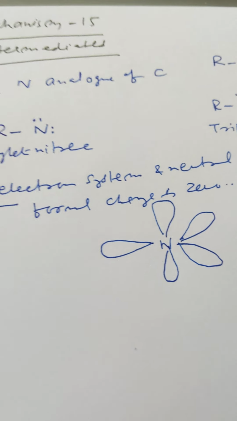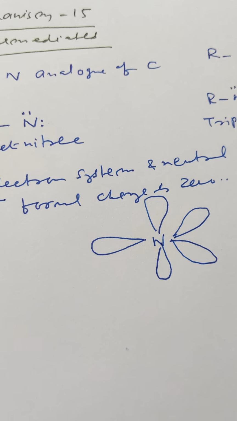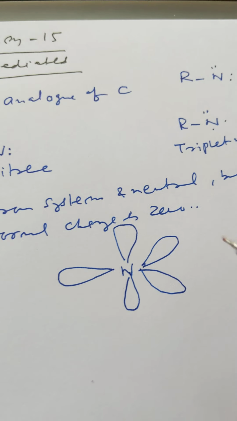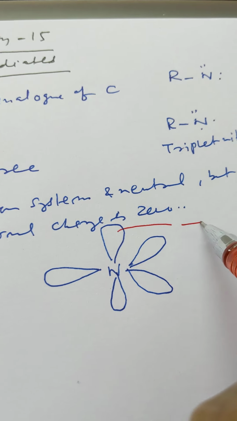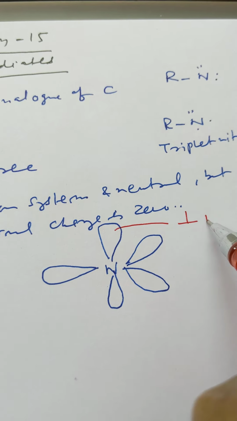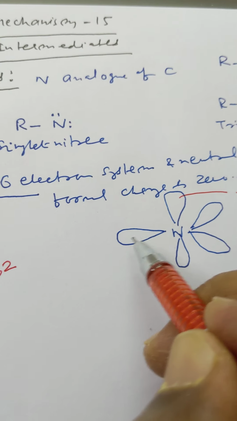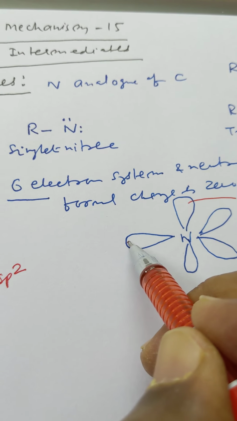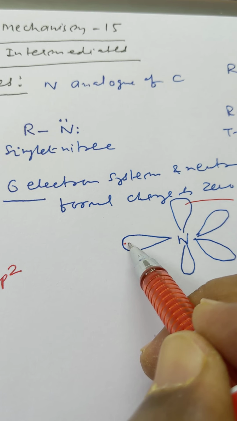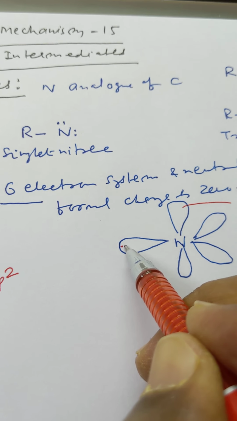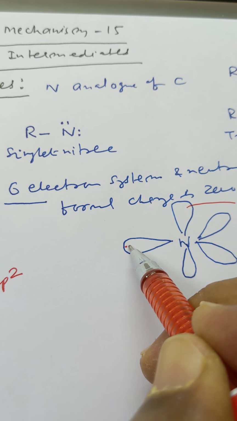Now this perpendicular p orbital is vacant. One of the hybrid orbitals is forming a bond with a hydrogen atom or any other alkyl group. It is having one electron and it will form a bond with any other atom.